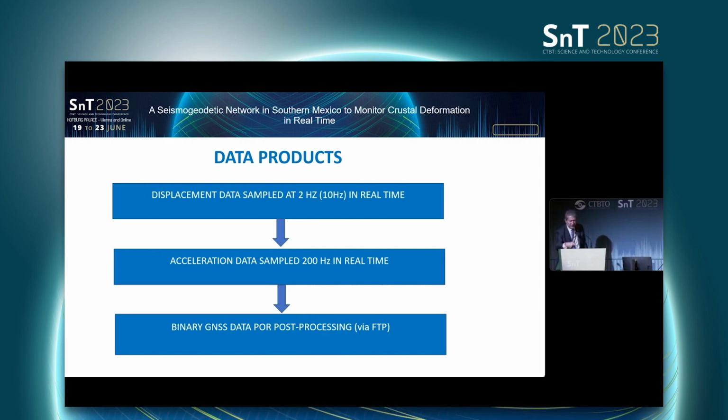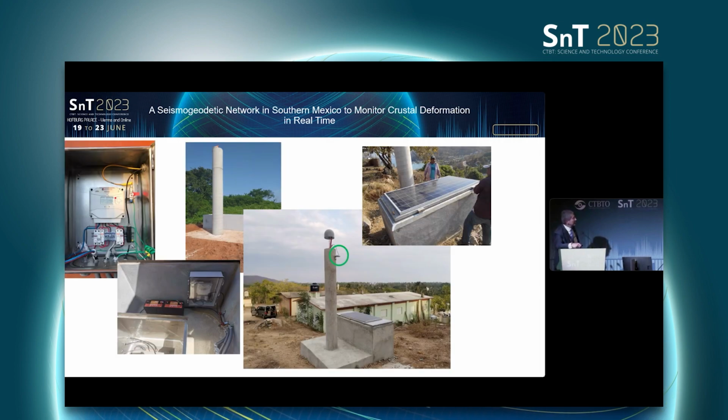And finally, we also get, because it's always useful, the raw data. Those of you who work in GPS and GNSS know it's always good to have the raw data so you can post-process. So we have the three products that we can compare, and I will show you some results of that comparison.